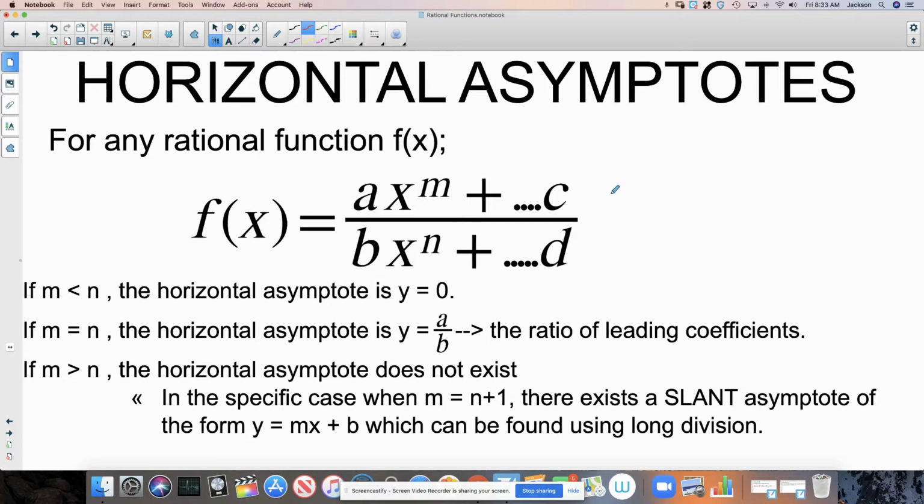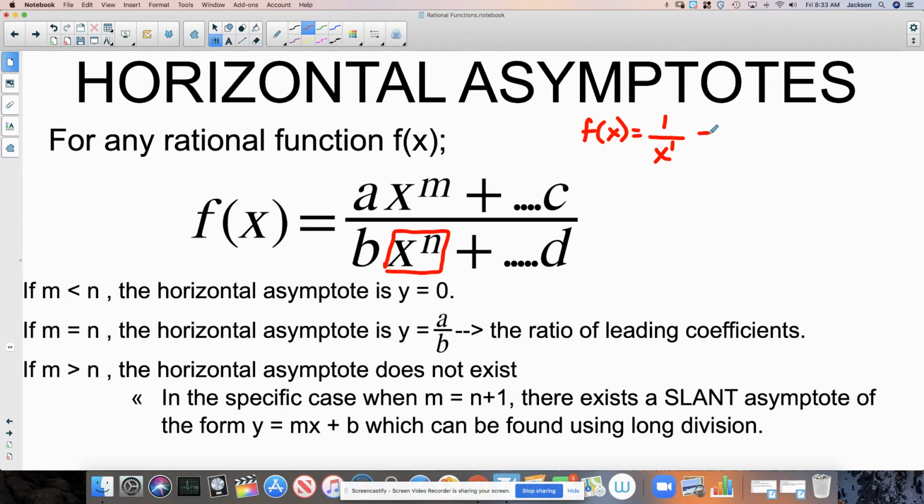So when you have a rational function, a lot of you have to have some degree of x in the denominator. You don't have to have a degree of x in the numerator. Just as an example, when we have this, this is a rational function, it's x to the first.